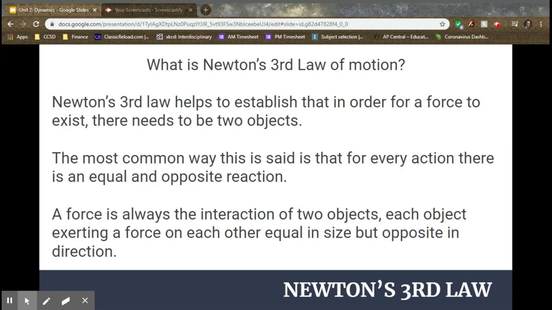Both forces occur at exactly the same time. I like to say it like this: a force is always the interaction of two objects, each object exerting a force on each other equal in size but opposite in direction. Anytime you have a force, that force is the result of an interaction between the two objects, and they're both exerting a force on each other.